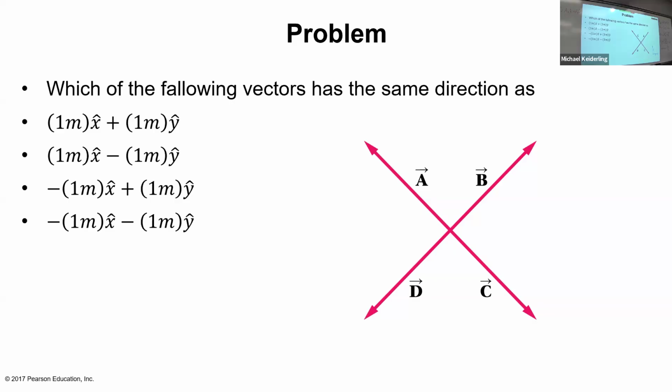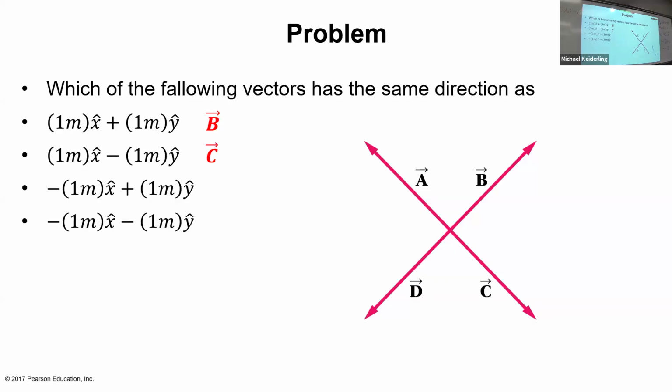Here, yes, x component is positive, y component is positive. That's B. Plus 1 in x, plus 1 in y. B. How about 1 meter x hat minus 1 meter y hat?